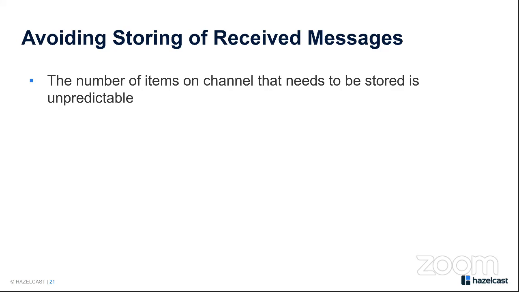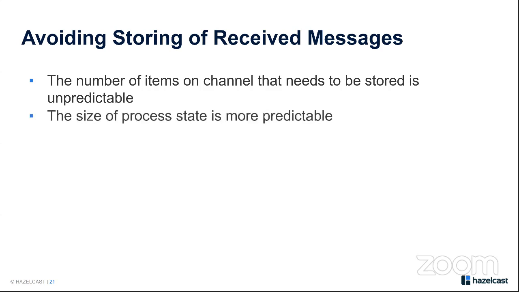It can be a few items, it can be millions of items. The size of the process state is more predictable. The size of the channels that we may receive while waiting for the marker is unpredictable, but the state of the processes themselves is more stable. It generally depends on the number of keys. So for these reasons, we avoid storing of received messages.